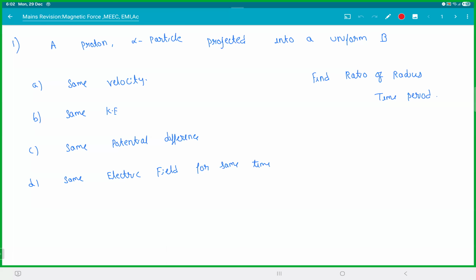So we have a proton and an alpha particle projected into a uniform magnetic field with the same velocity, same kinetic energy, same potential difference, same electric field for the same time. Find the ratio of radius and the time period.